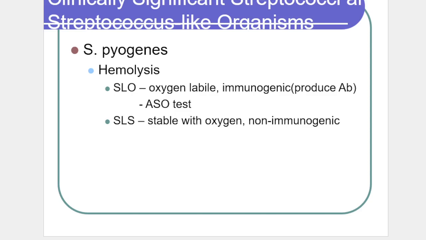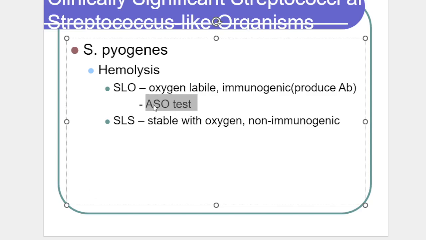SLS and SLO. In serologic testing, we have the ASOT or the ASO test. Streptolysin O is immunogenic, meaning it triggers the production of antibody. So, when it produces streptolysin O, that can trigger the production of antibodies against SLO.